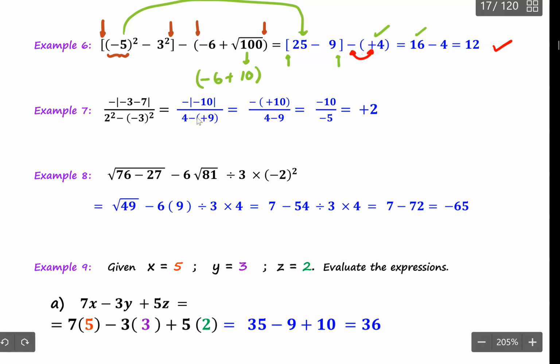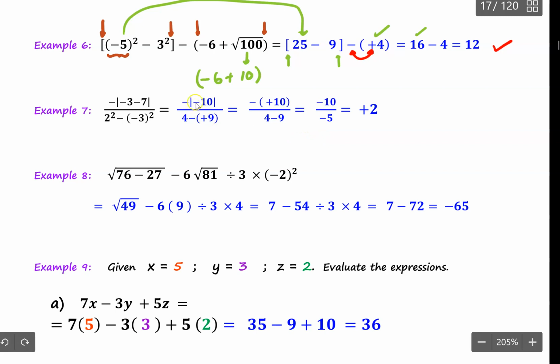So you find the result for the top, you find the result for the bottom, and you divide one into the other, okay? This is called the numerator, this one the denominator. You have one single solution for the numerator, you get one single solution for the denominator, and you divide one into the other. Alright, so let's review absolute values.